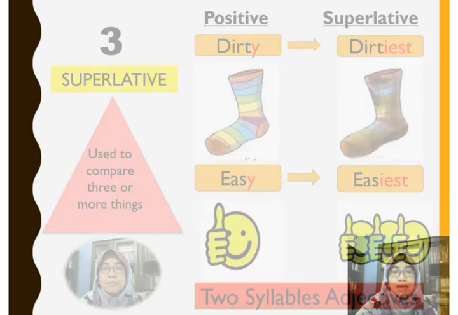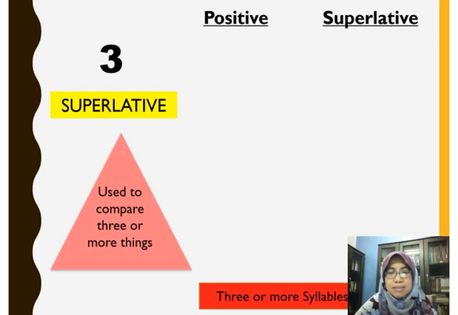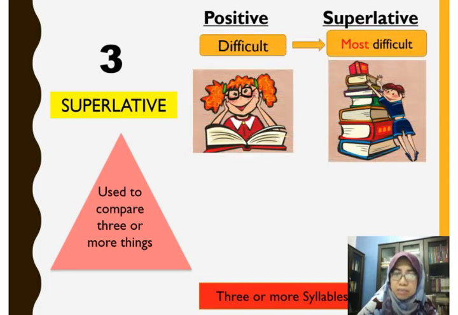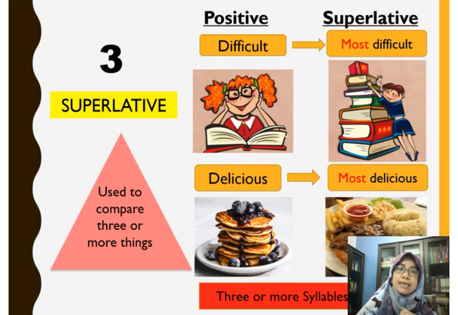Okay, but if it consists of three or more syllables, same goes as in comparative previously. Difficult. Kalau nak kata paling susah, most difficult, you have to add most, tambah most.